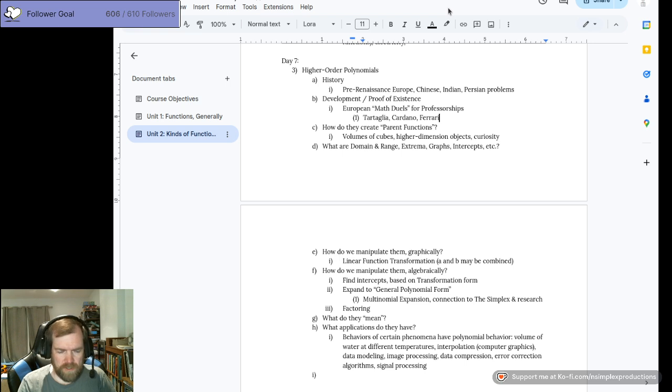And so Tartaglia went to his journal and started working on certain types of problems, and he was able to solve a few new types of cubic equations that people weren't able to solve, at least not terribly easily.